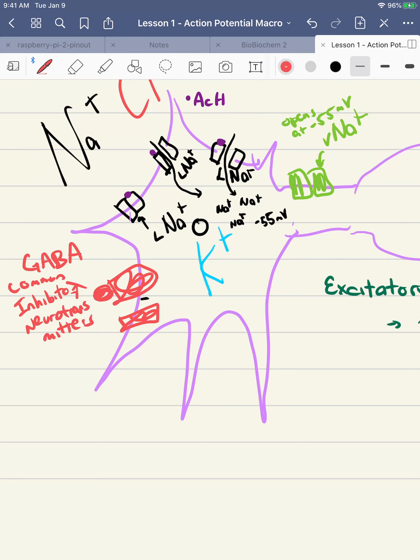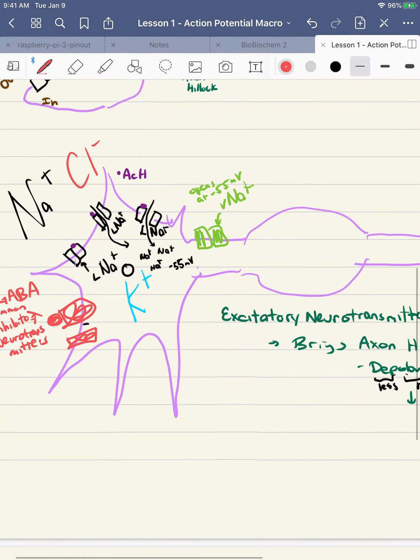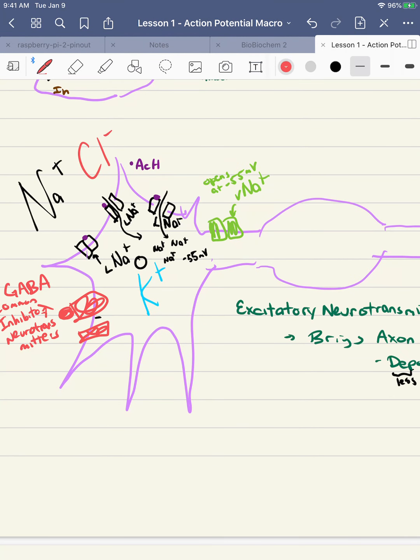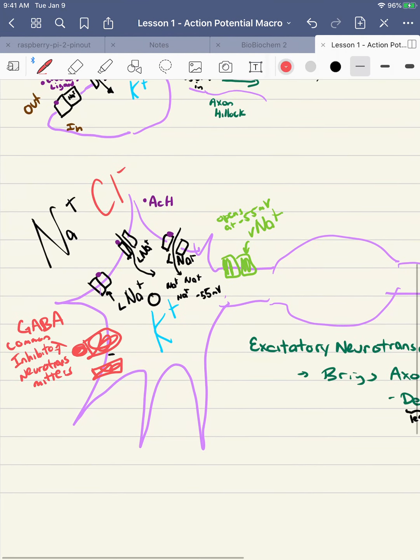And why is this inhibitory? Well, let's think about it. If I were to activate a chloride channel by using this neurotransmitter called GABA, which is in a red circle, that will open up this chloride channel.